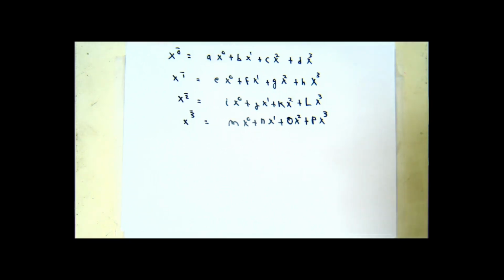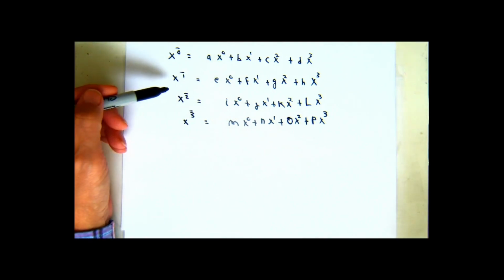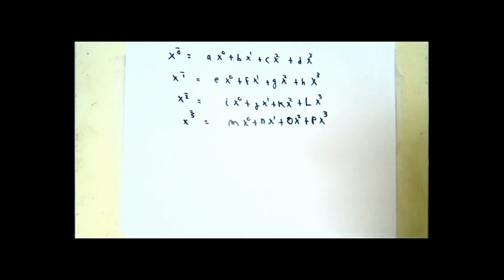When we do a Lorentz transformation from O to O bar, the relationship between the barred coordinates and the unbarred coordinates are linear. That is to say, like this, where A, B, C through P are numbers that don't depend on x0, x1, x2, or x3.